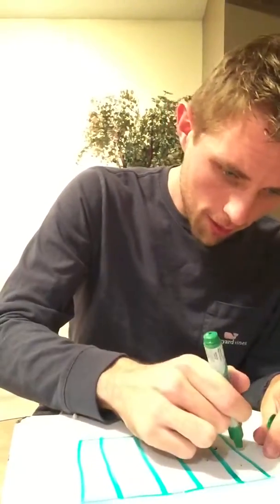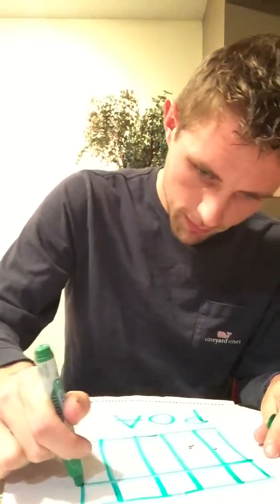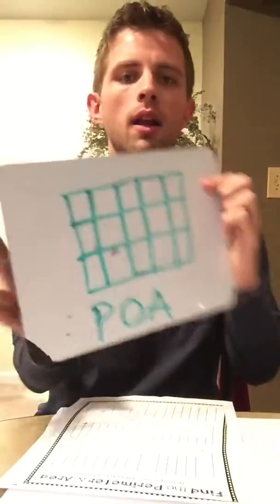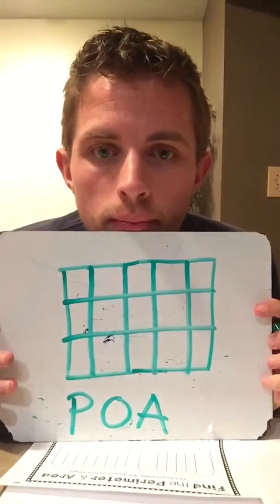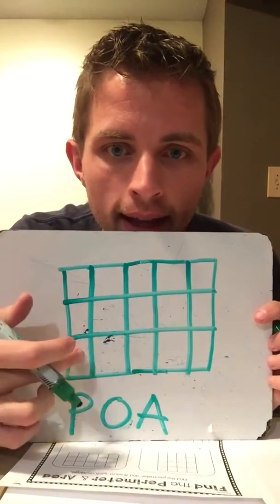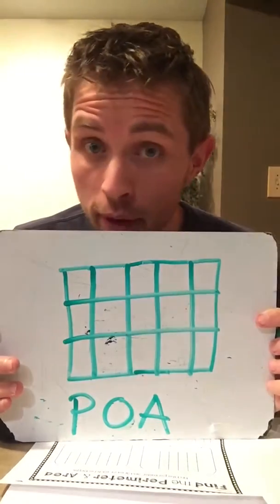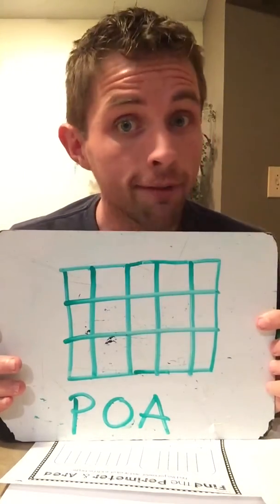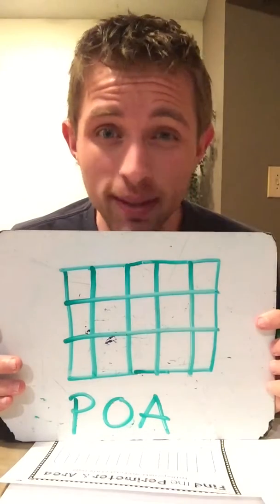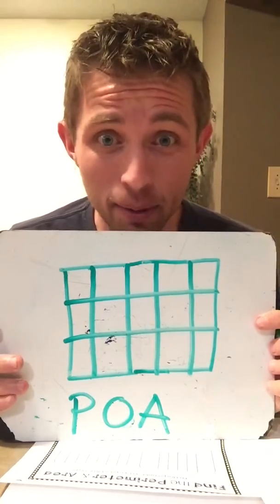All right, so when we remember that, let's say you have a rectangle, and that rectangle looks like this, right? And we have our tiles inside of our rectangle, right? Now, remember, you can find perimeter one of two ways. The first way you can do it is to count the blocks on the outside, right?